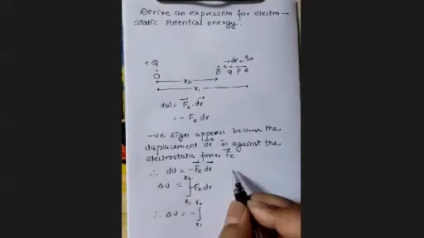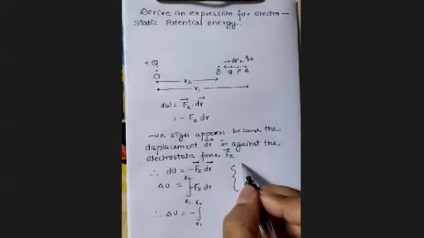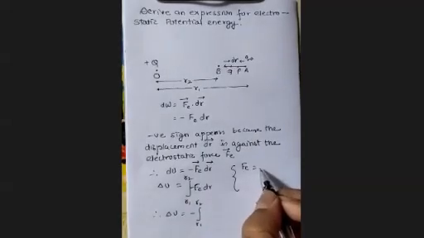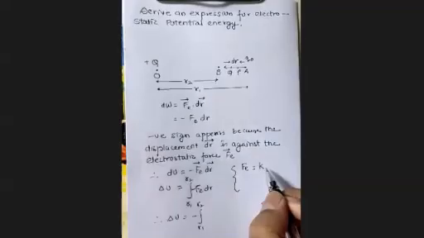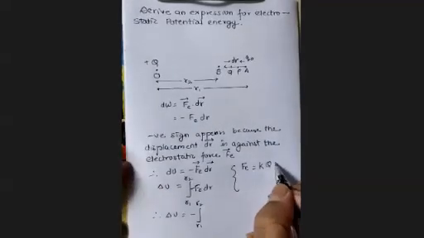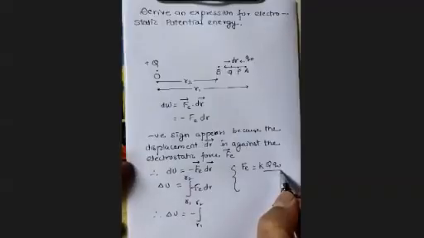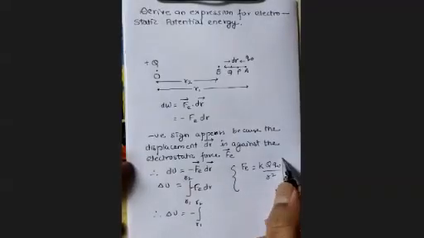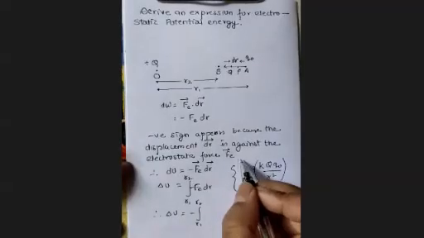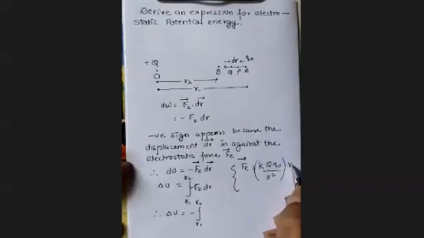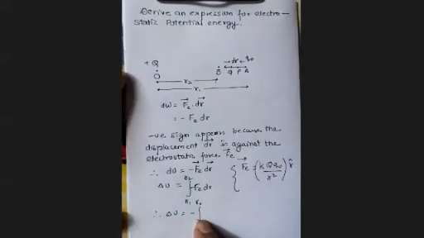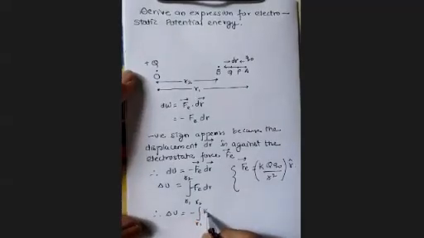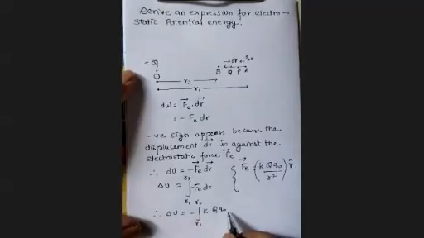Now, electrostatic force according to Coulomb's law is equal to K into charge Q1 into charge Q2 upon R square, in the direction of R. So if we substitute here, this will be K Q into Q naught, 1 upon R square dr.